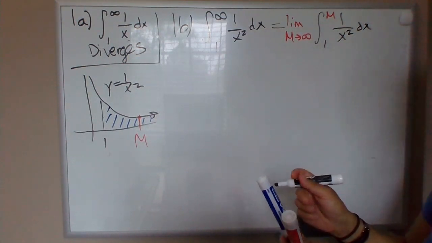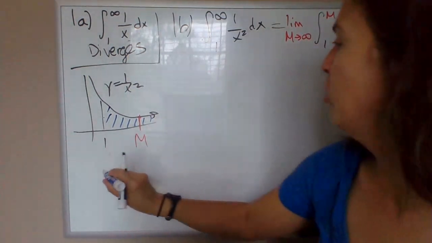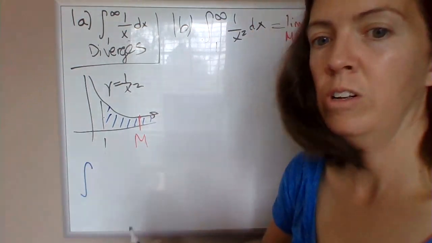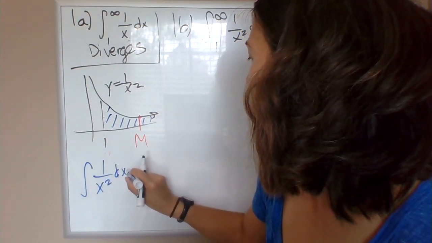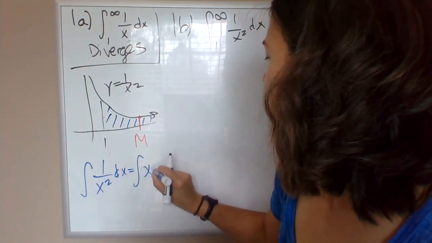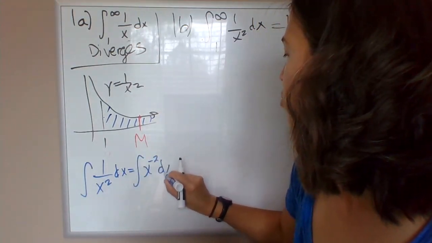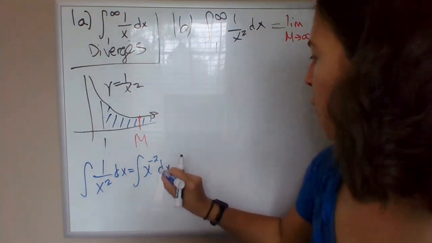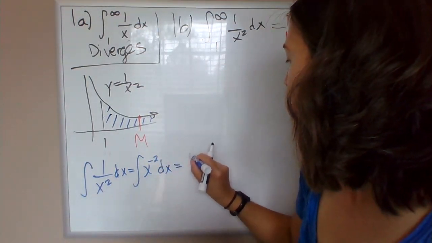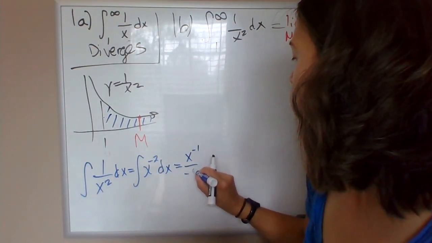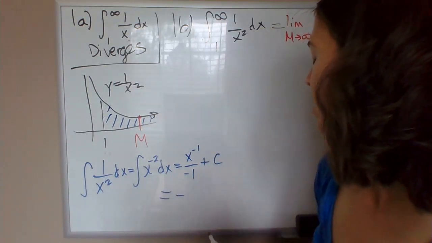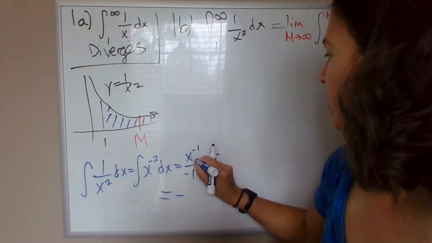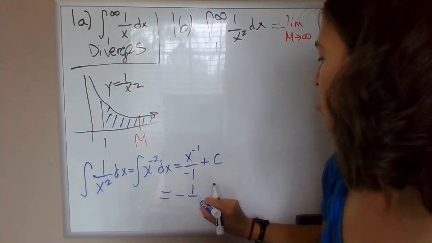Okay, now integrating 1 over x squared. Let me do that work down here. The antiderivative of 1 over x squared, we would use the power rule. That's the antiderivative of x to the negative 2, which is x to the negative 1 over negative 1, which is equal to negative, I'll just put the negative out front, and then x to the negative 1, so that's 1 over x.